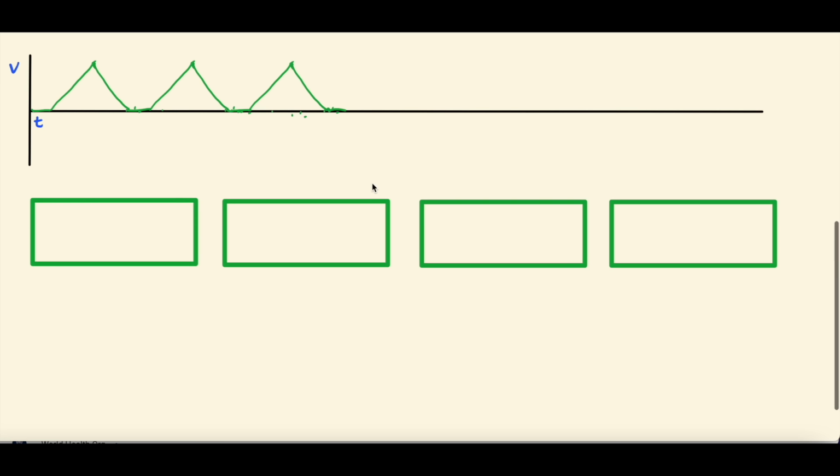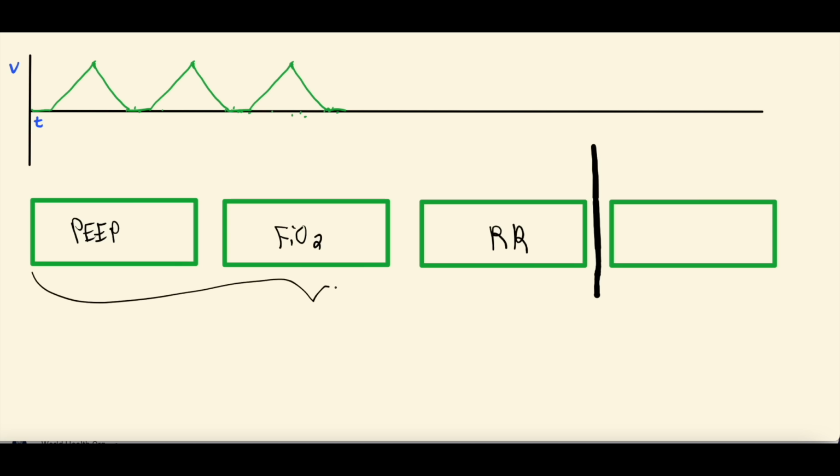So on a ventilator, there's lots of different things you can set, but the main 4 things that you can set are the PEEP, or the positive end expiratory pressure, the FiO2, or the fraction of inspired oxygen, the respiratory rate, and these 3, we have done this exact same video for volume control. Again, we'll link it in the video description.